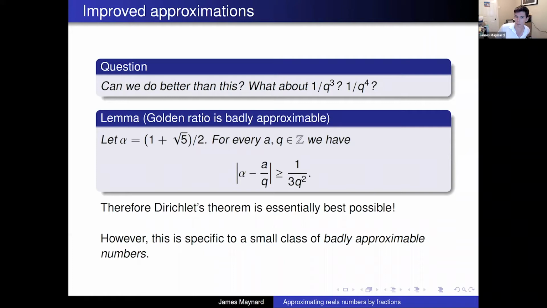However, this particular choice of alpha, the golden ratio, is a very special choice, and it turns out that there's a very rich and general theory associated to these so-called badly approximable numbers, to do with the Lagrange spectrum and the Markov spectrum. These sets of counterexamples to improvements of Dirichlet's theorem turn out to be a special class of very interesting real numbers called badly approximable numbers.